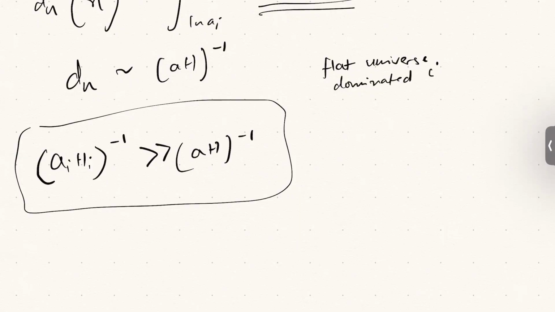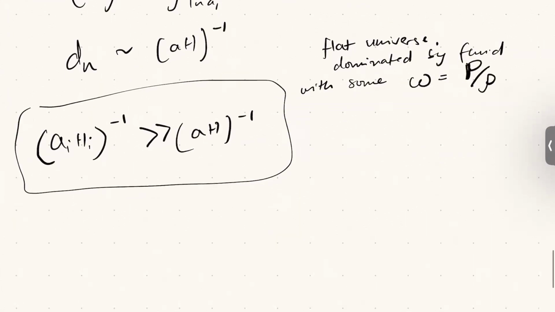So dominated by a fluid with some equation of state omega that I defined earlier, that goes by P by rho. Okay, so this is constant omega. So if that is the case, I can find from the Friedmann equations a notion for the co-moving Hubble radius, which goes as follows.